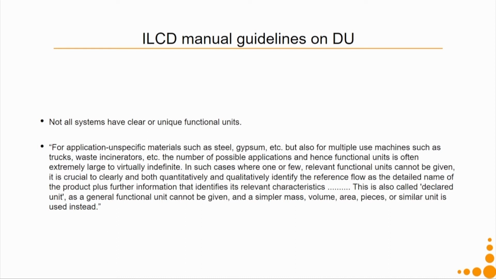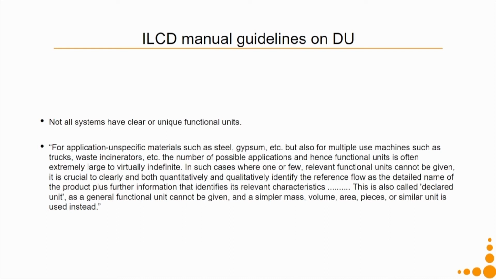Say, for example, I can use trucks, waste incinerators, etc., in many possible applications, and hence the functional unit is often extremely large to virtually indefinite. So the truck can be used in too many contexts. How many functional units do we define? It might be too large.